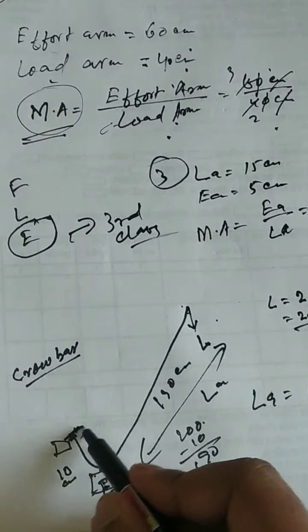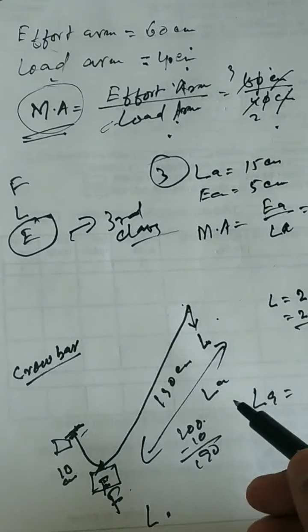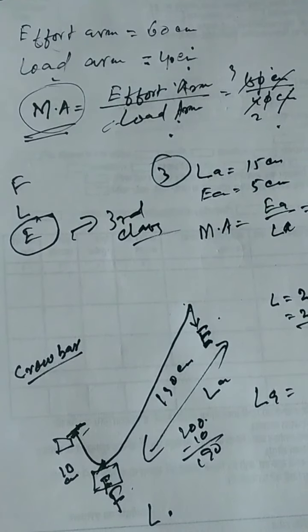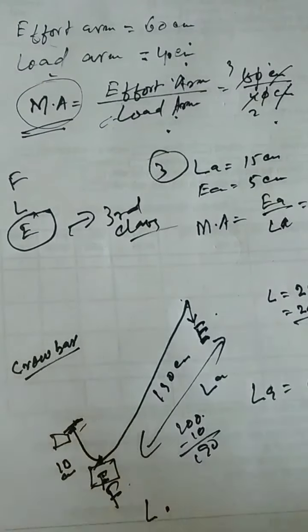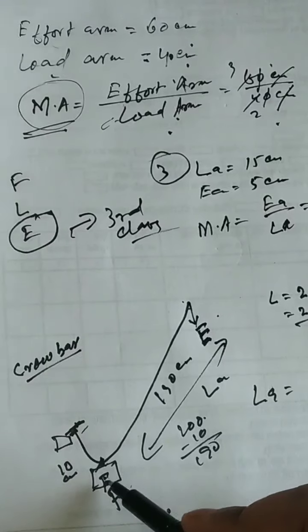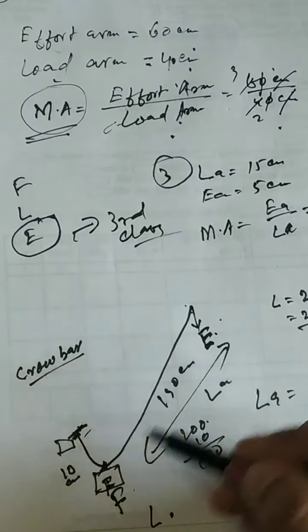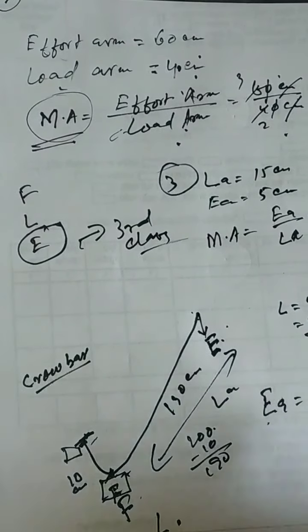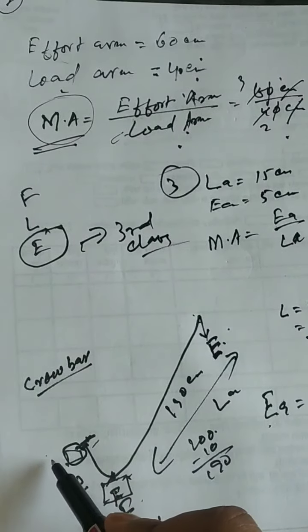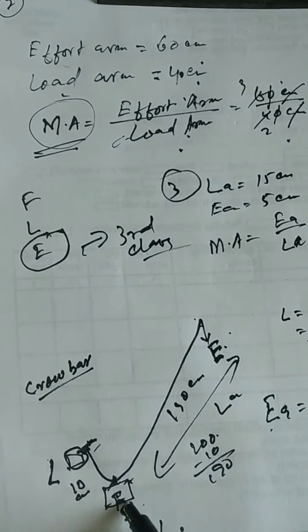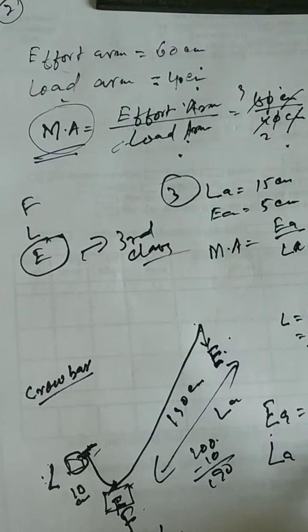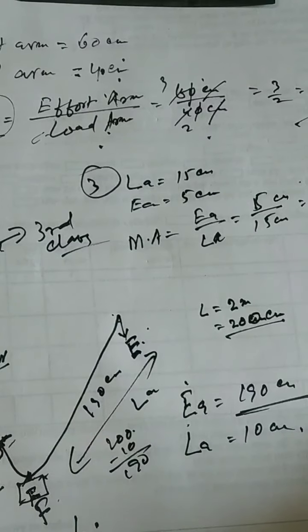And here we put the effort. The distance between fulcrum and effort will be the effort arm, that is 190 centimeter. Now effort arm we know, load arm we know.